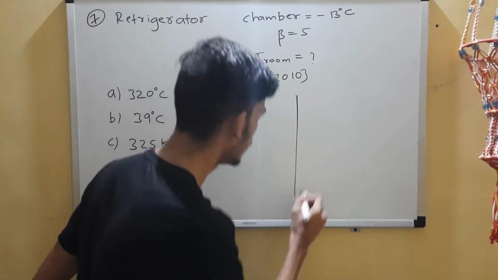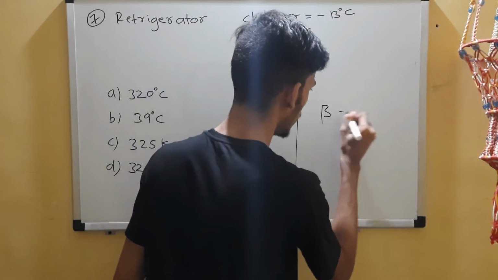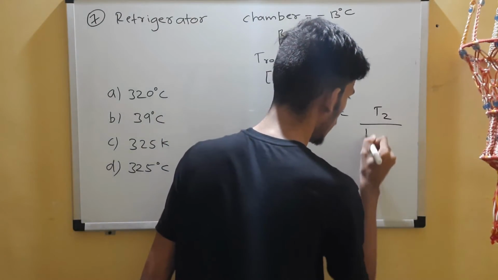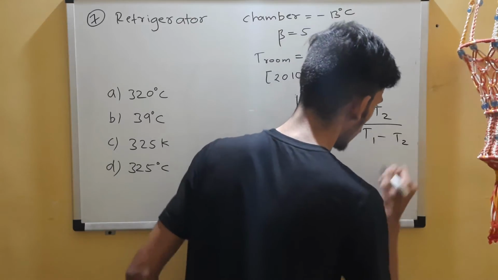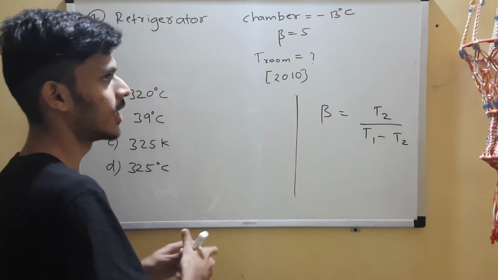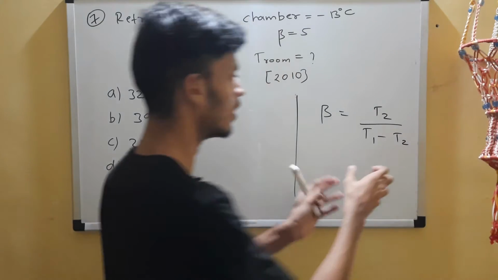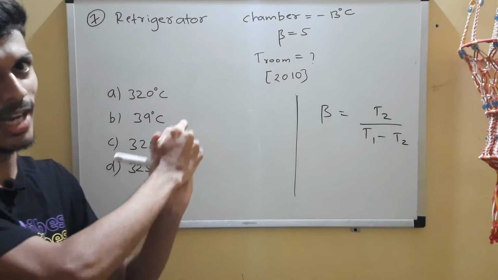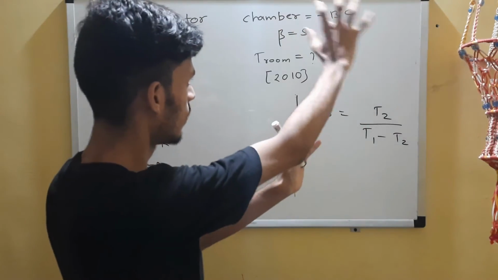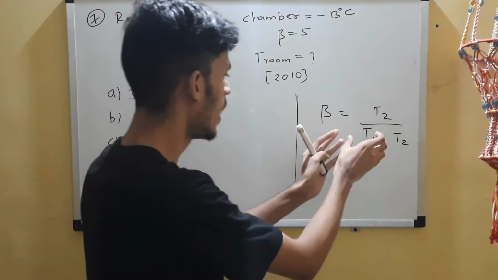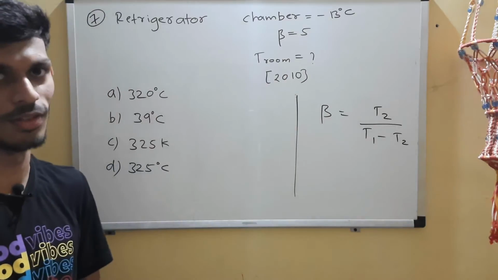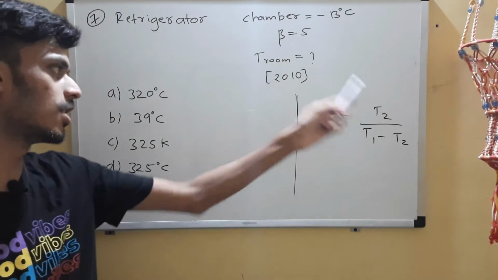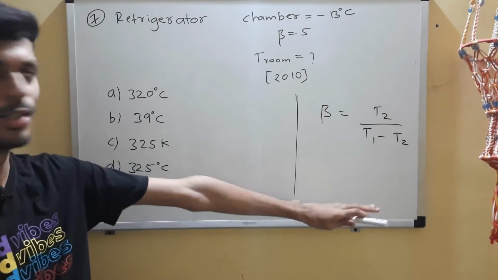Quite a simple question if you know the relation that beta equals T2 divided by T1 minus T2. You should also know what T1 and T2 mean. T2 will be the temperature of the sink. Sink in the case of a refrigerator is the chamber itself, and T1 will be the temperature of the room. If you know this, you are good to go. You can just substitute the values and get the answer.